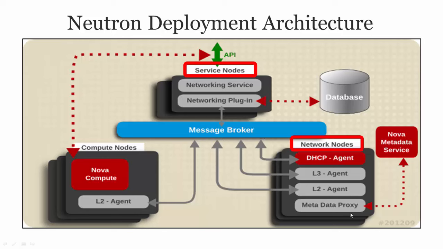Also, the networking node provides the metadata proxy service, and this service must be connected to the Nova metadata service. Only the compute node will provide virtual machines to users. The compute node also needs to provide the L2 agent service, and this L2 agent service needs to connect to the message broker to communicate with the service node and network node.